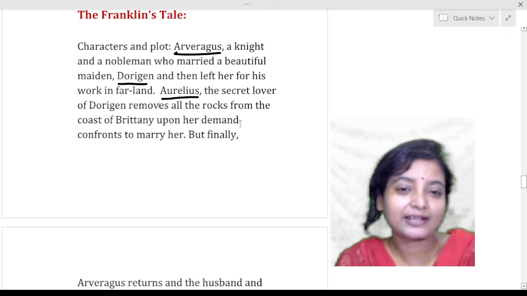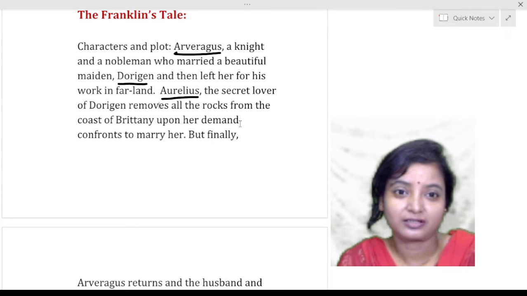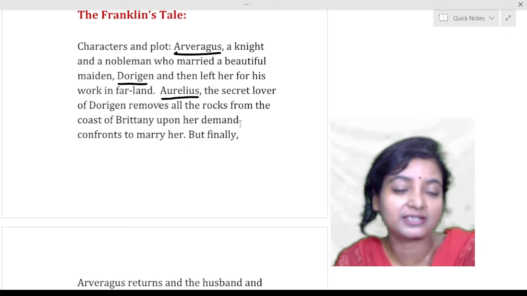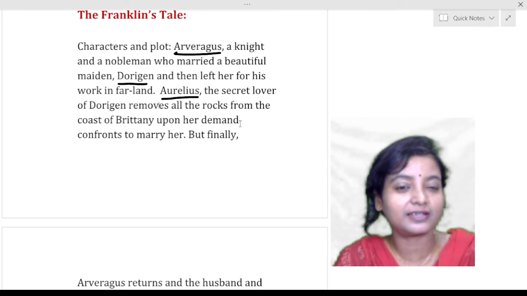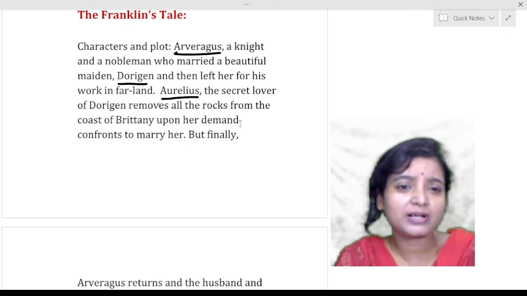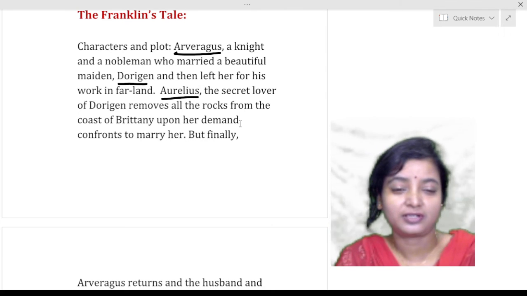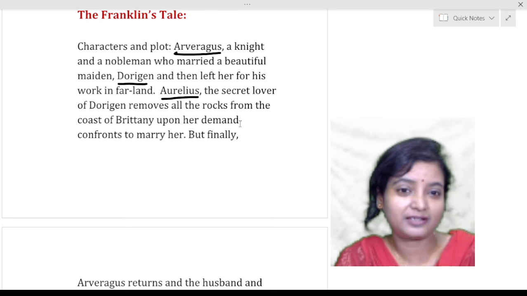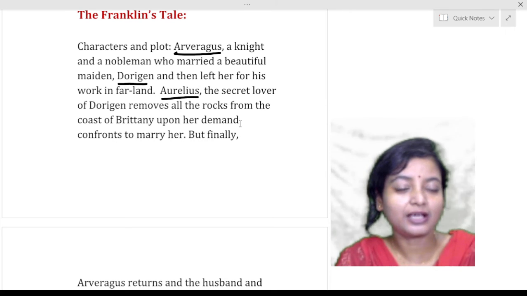So Dorigen actually was anxious for her husband's return. She always thought that there were too many rocks at the coast of Brittany, so her husband could not return safely; his ship might get devastated, clashing on the rocks.